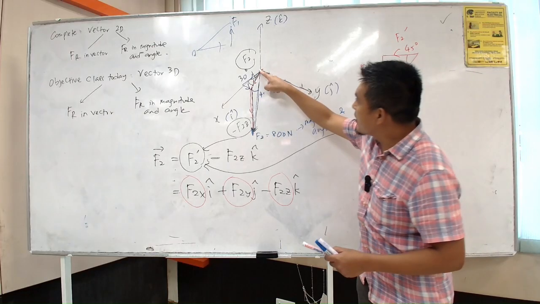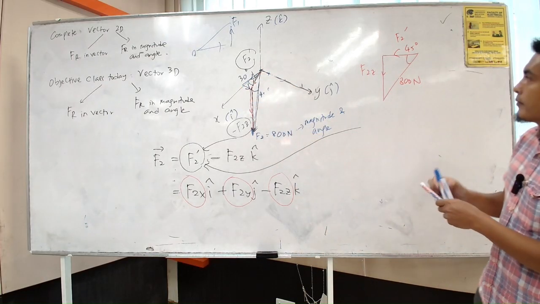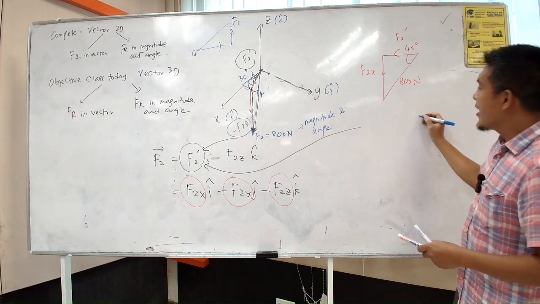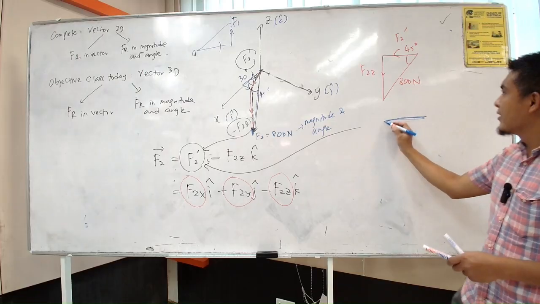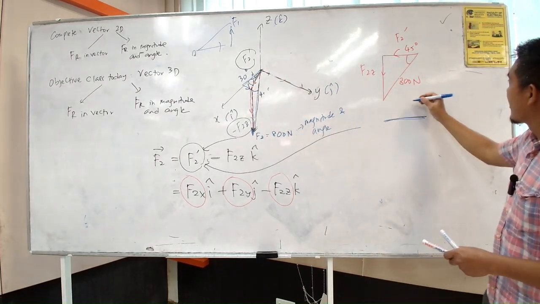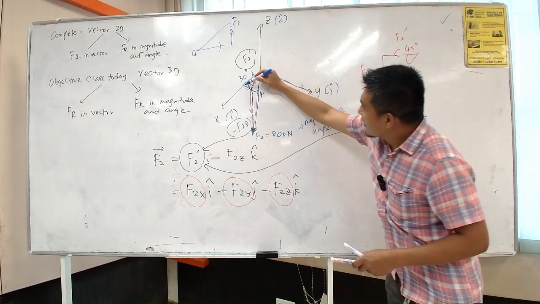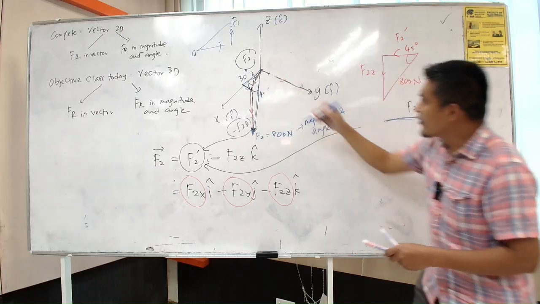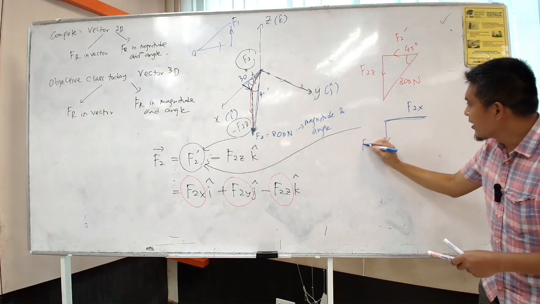What is the second information you have? This one, right? You have this one, this line refer to this, which is F2x. This line we draw to go down, which is F2y.